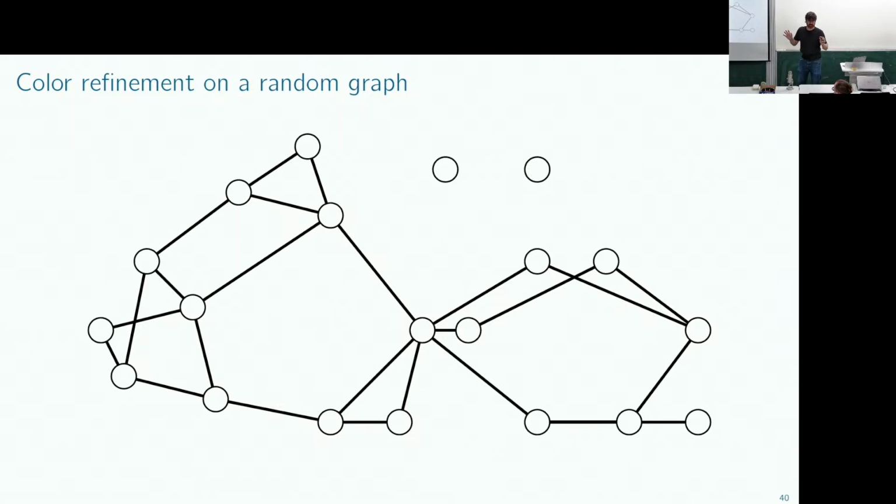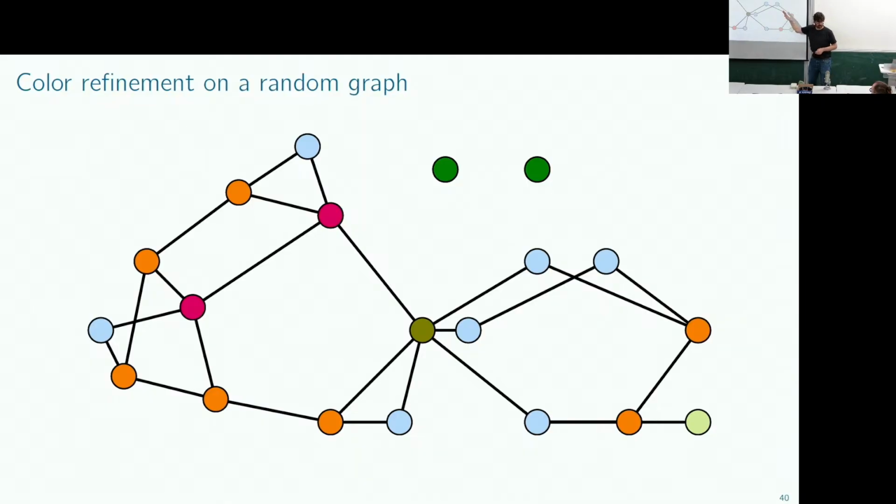I'm just going to give you an example, and I'm just going to use colors. Here's a random graph. Well, it's a fixed graph, but let's say it's a random graph. I'm going to color the vertices by their degrees. The degree 0 vertices get green. Degree 3 vertices get orange. Now orange goes to orange under automorphisms. And now I can recolor vertices according to the colors of the neighbors.